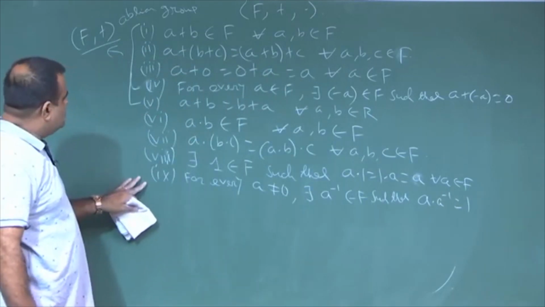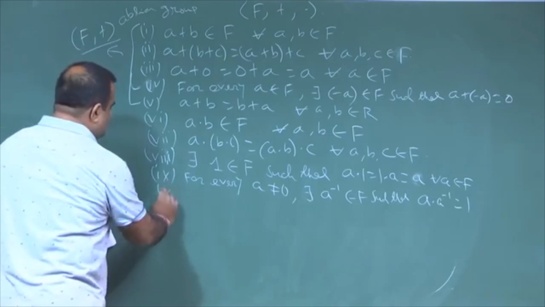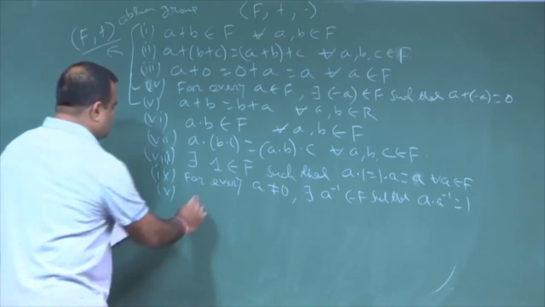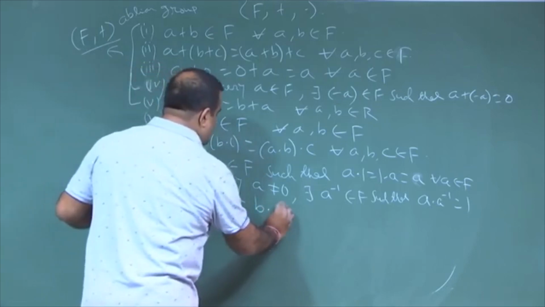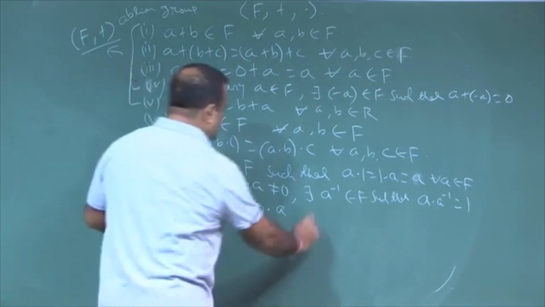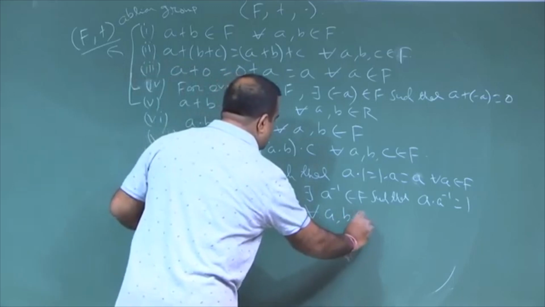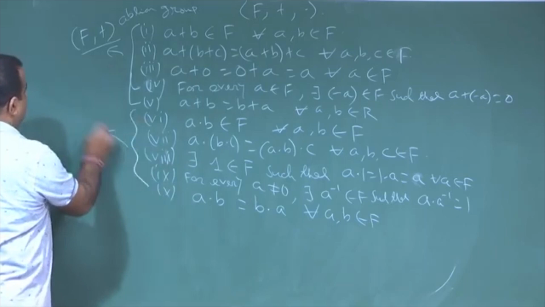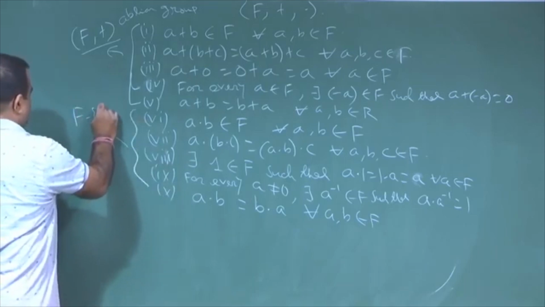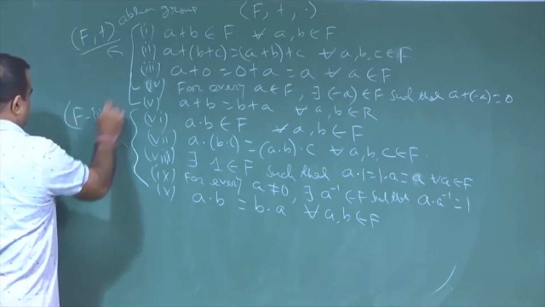Okay. So, this is the inverse, and we need this to be commutative. So, a · b is equal to b · a, and this is true for all a, b belonging to F. So, this will give us that F minus zero is an abelian group.